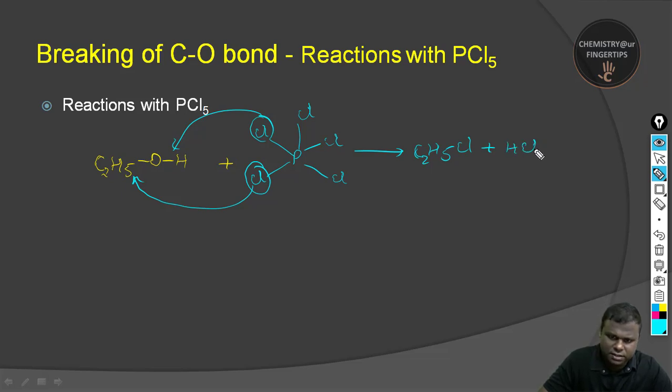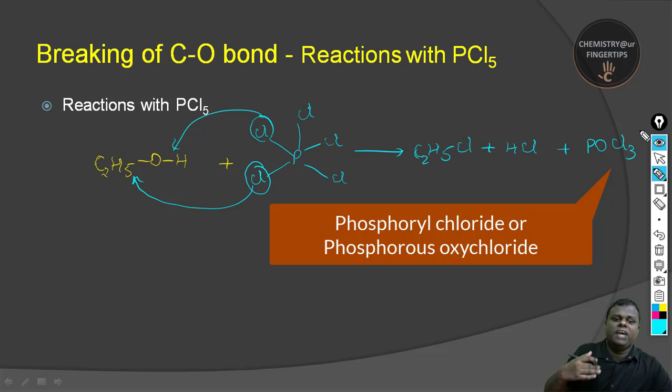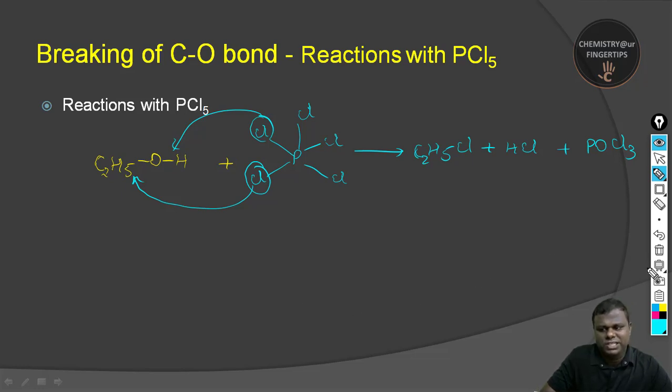And then you are going to get here POCl3. Okay, so this is very simple reaction. Okay, so C2H5OH plus PCl5 you will be getting, this is basically phosphoryl chloride या है phosphorus oxychloride. Okay, so this was about the reaction with PCl5.